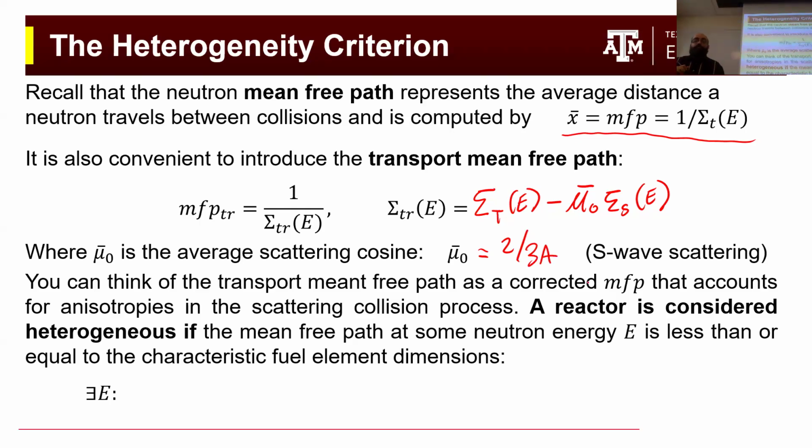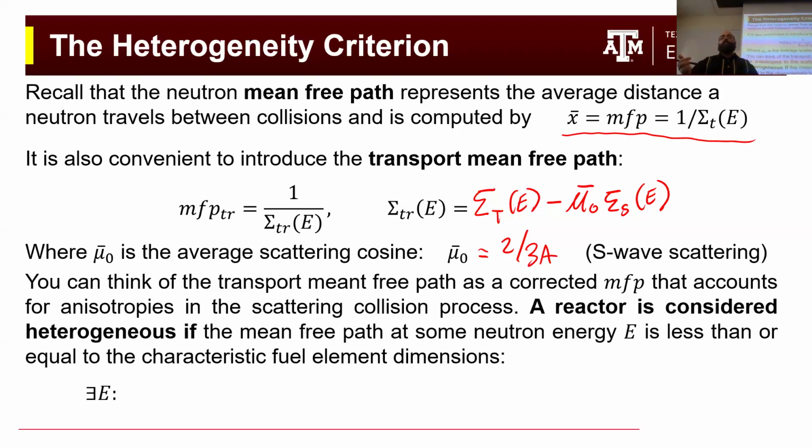In A, we introduced this big A last time. It's the ratio of the mass of the nucleus to the mass of the neutron, and A is about the same as the atomic mass. So we use the same symbol, and you can actually use atomic mass for A. In my class, feel free to do that.